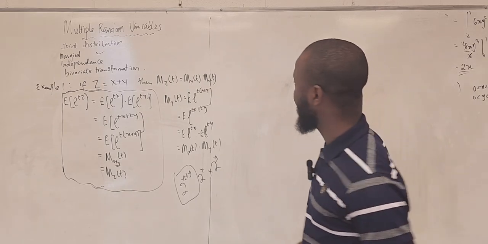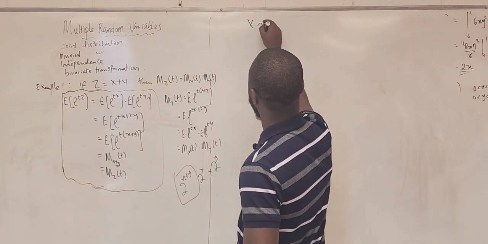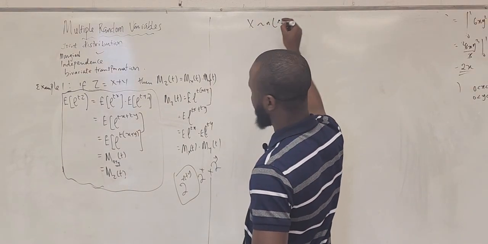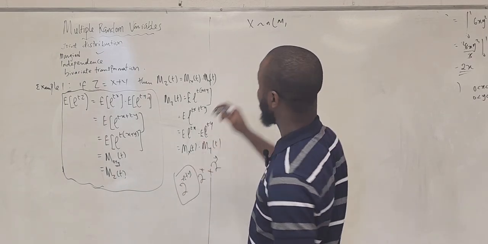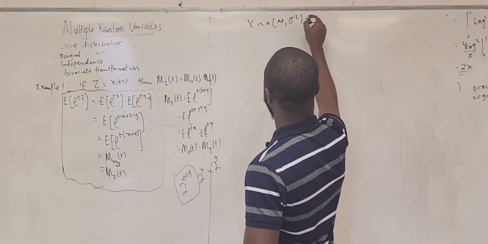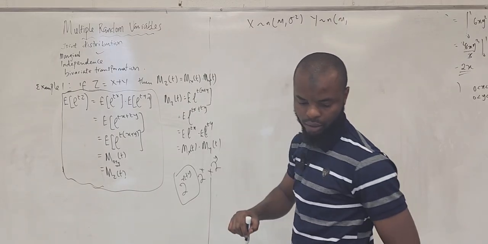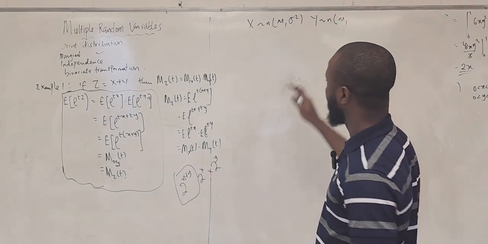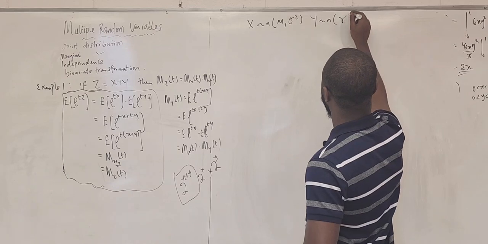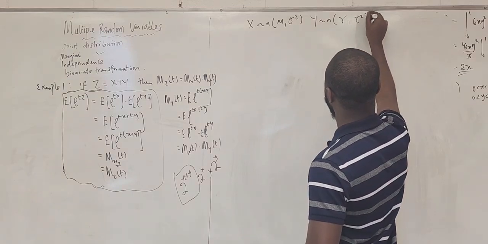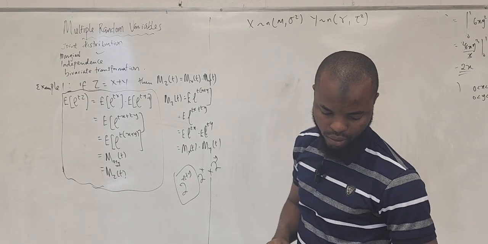The question says that X is normally distributed with mean mu and variance sigma square, and Y is normally distributed with mean nu and variance tau square.